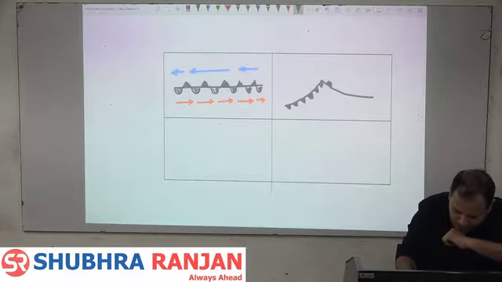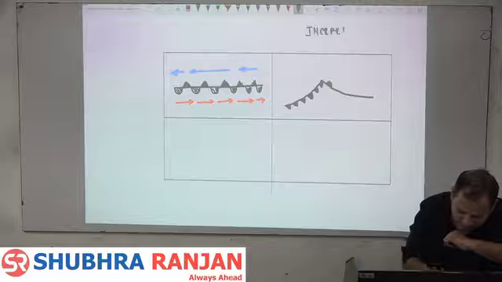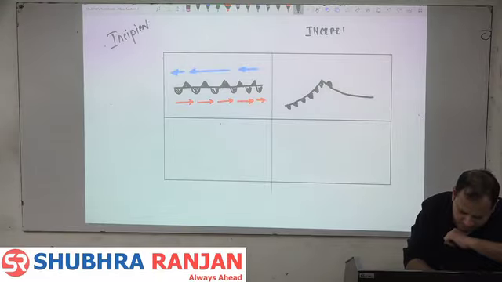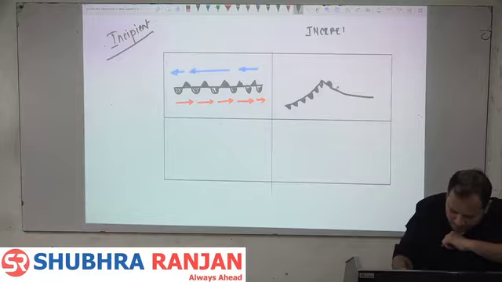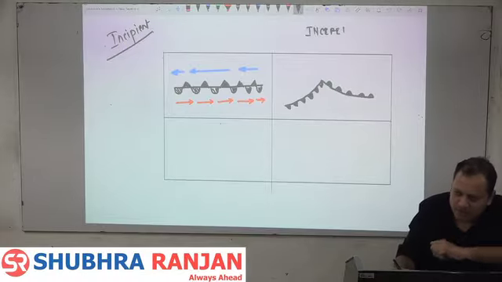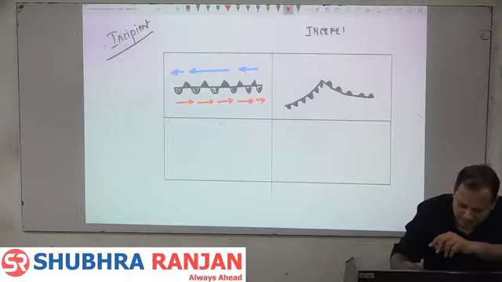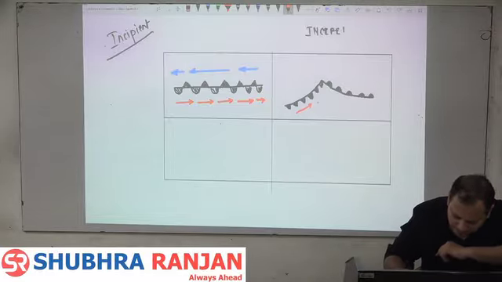This stage is known as incipient stage. Fronts जब फॉर्म हुए तो which stage? Incipient stage. That is why मैं बार बार कह रहा था that frontogenesis is necessary for cyclogenesis.